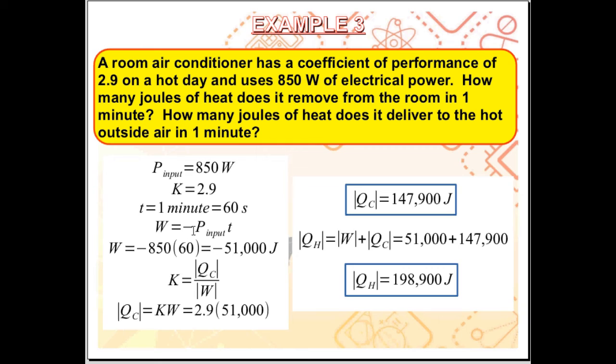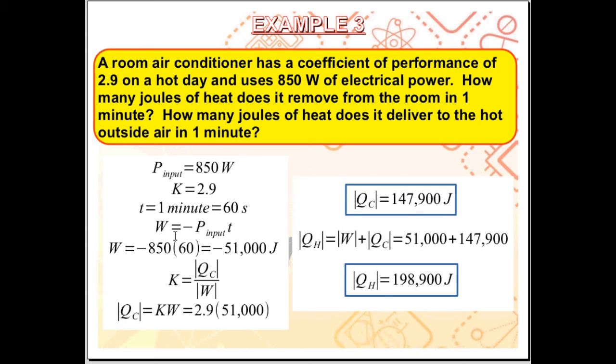W is negative. There's a negative sign because of the sign convention for work done. Work done by the system is positive, whereas work done on the system is negative. For an air conditioner, work is done on the working substance so that the working substance is able to take heat QC from the cold reservoir.